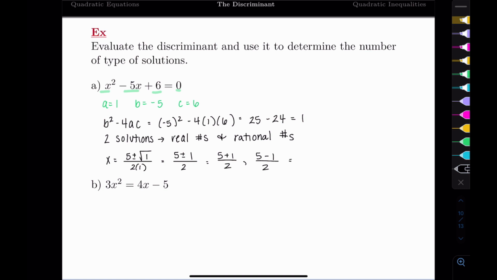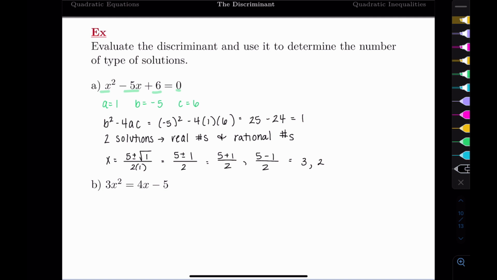So 5 plus 1 over 2 is 6, divided by 2 would be 3. And then 5 minus 1 is 4, divided by 2 is 2. So you see we got two real numbers and they are rational. We can even take it a step further and classify them as integers, but this is sufficient for us.